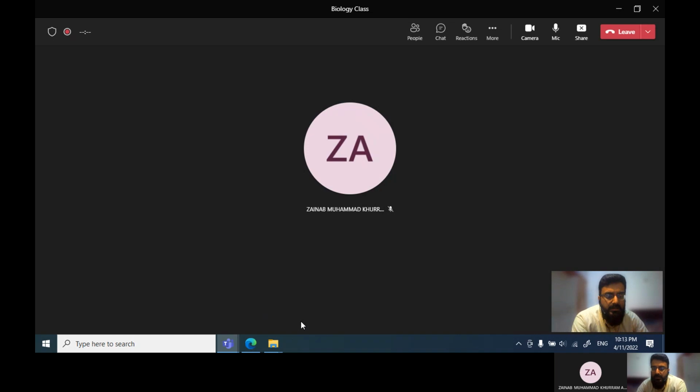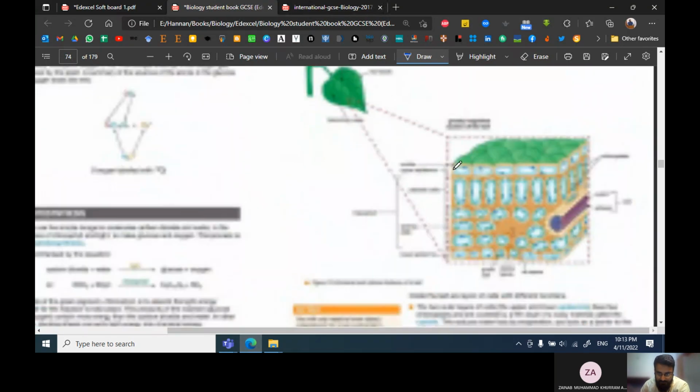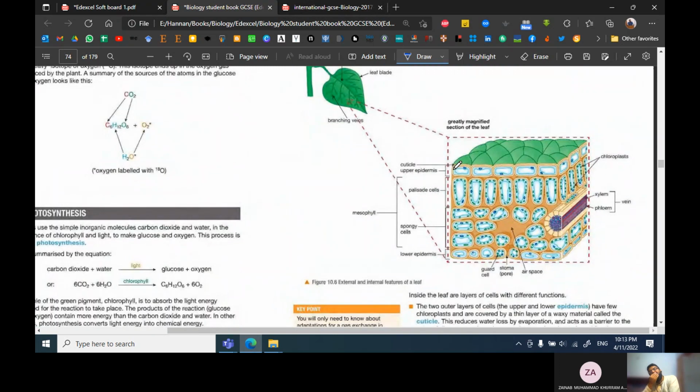Let me put another question. We can say that the stomata closes at night. If stomata closes at night, then how does the carbon dioxide leave the leaf? Through the cuticle.